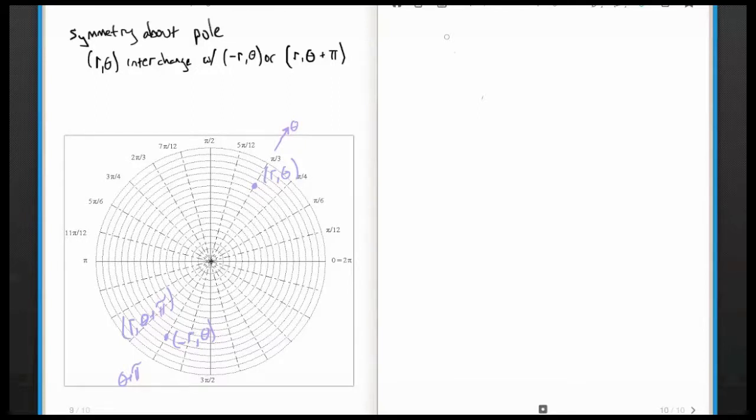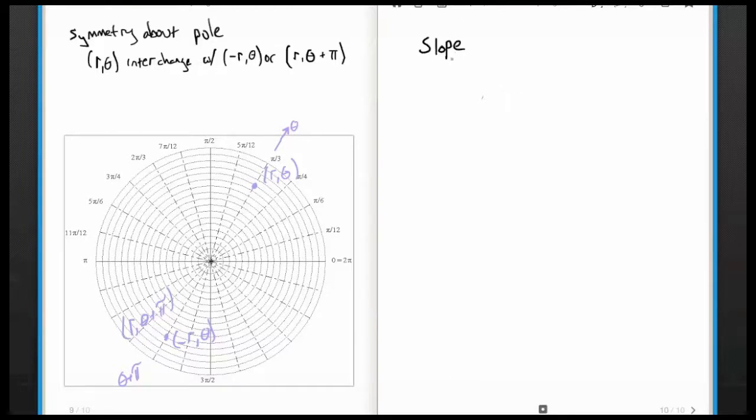The final topic that I'm going to talk about here is the topic of slope. And when I talk about slope, I'm talking about rise over run.